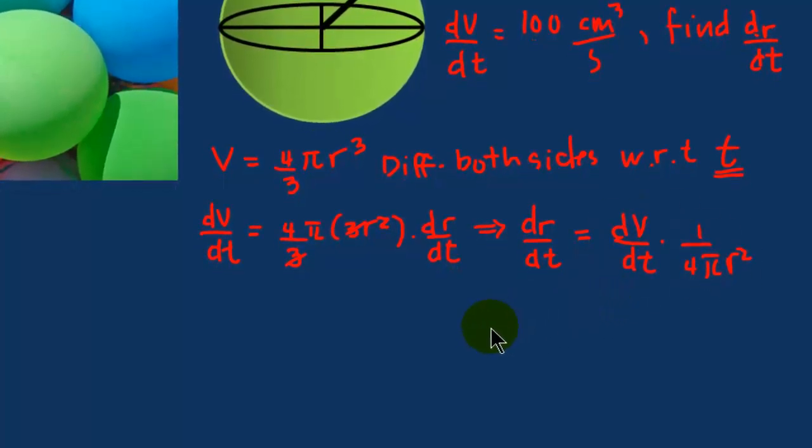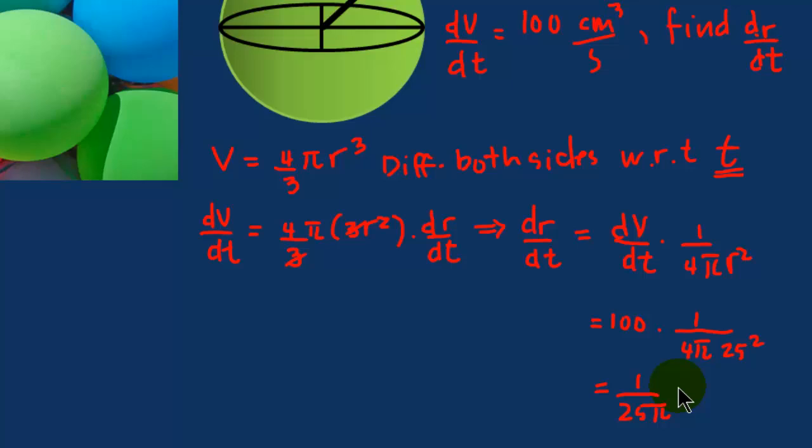So dV by dt is equal to 100 cubic centimeters per second multiplied by 1/4 pi times the square of the radius at the moment when the diameter is 50 centimeters, which means this is 25 squared. That cancels out the 4 into here, so 4 goes into 100 twenty-five times, which means we cancel out one of the 25, so we are left with 1/25 pi.